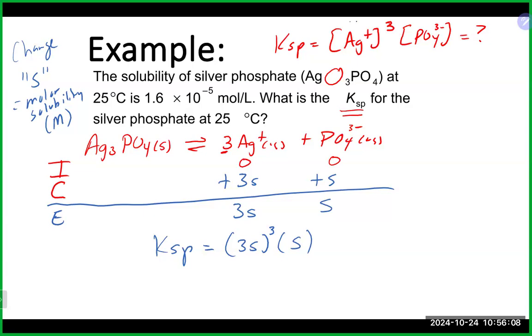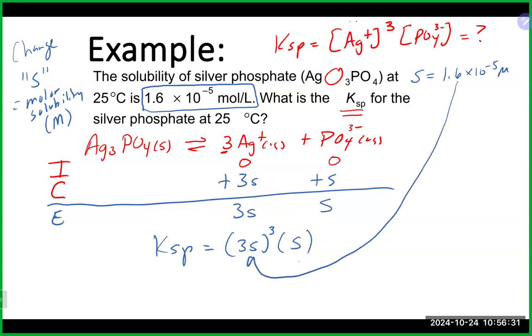We could actually solve for the molar solubility, and then we could figure out the solubility of it. In this particular case, they actually gave us the molar solubility, which is this guy right here. That's in molarity.